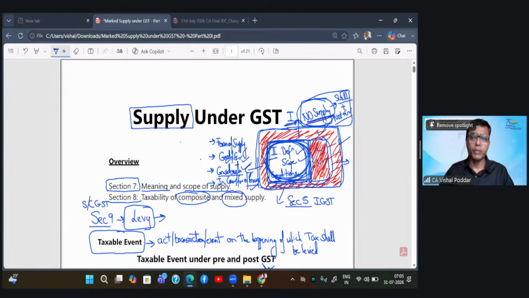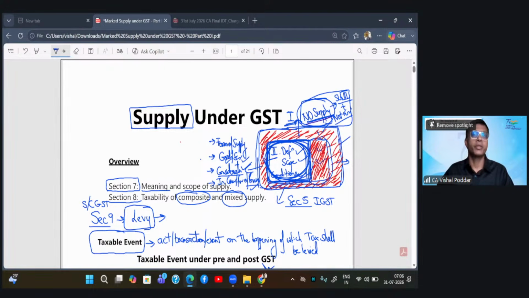Plus, we understood that after you identify what is a supply, you also have to classify this supply into whether it will be supply of goods or supply of service. This is done through section 7(1)(A) and section 7(3).